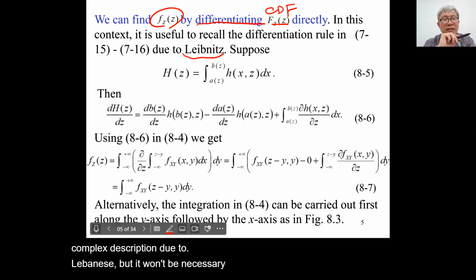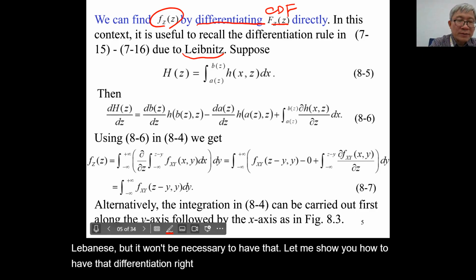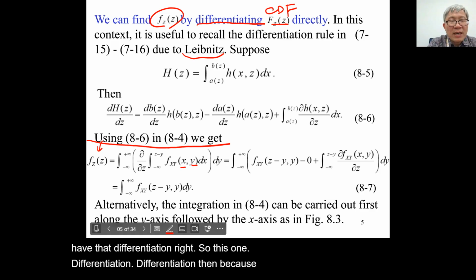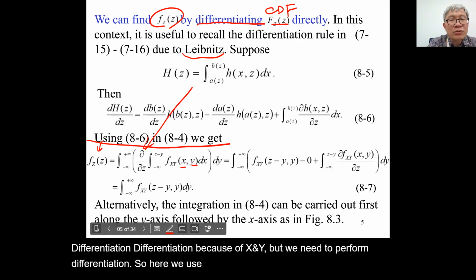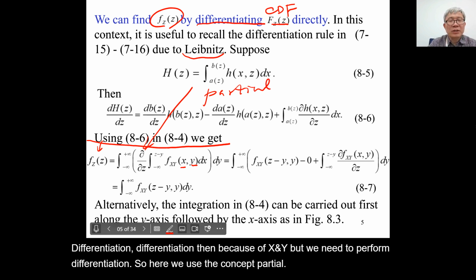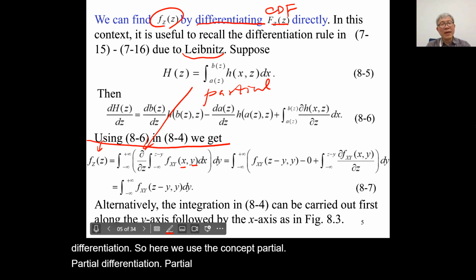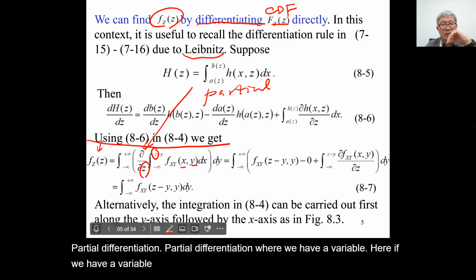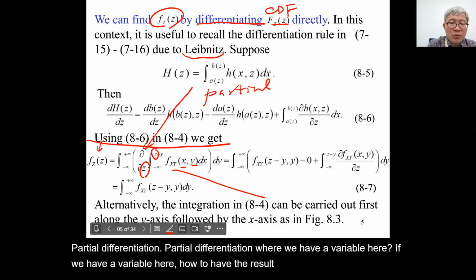Let me show you the differentiation. Because of X and Y, we need to perform partial differentiation, where we have a variable here. How do we get the result? Actually, it's just the chain rule.